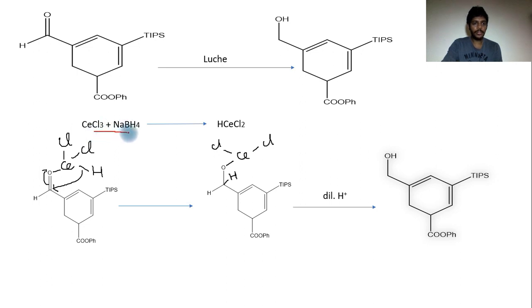This is the reagent for Luche reduction, which forms HCeCl2, and this HCeCl2 is added to this oxygen, this carbonyl group, and this bond shifts over here and this bond migrates over here to form the 1,2 addition product. After adding dilute acid, this is converted to alcohol, and thus the allylic alcohol is obtained, which is the product of Luche reduction.